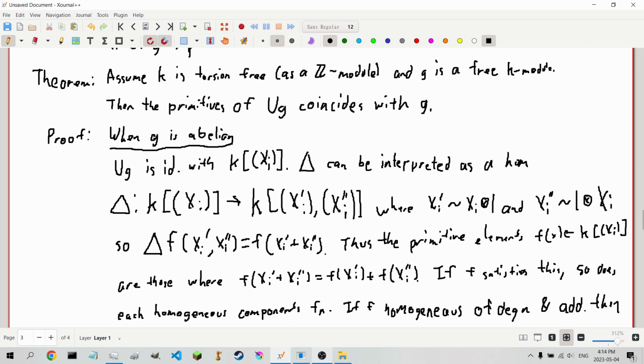I believe that means this is as a Z module, as an integer module. And that G is a free K module.